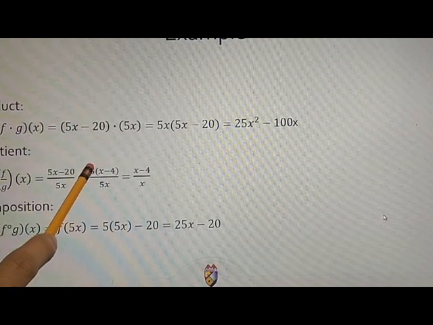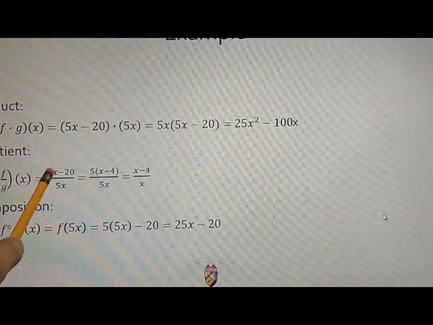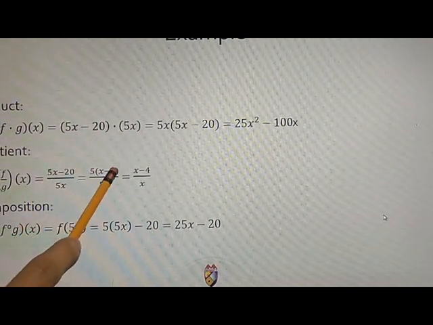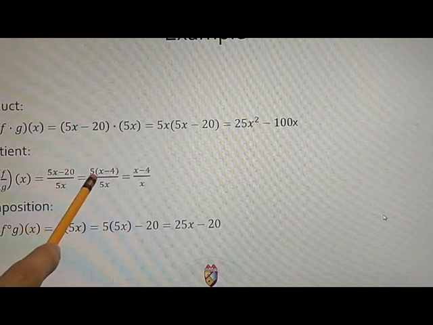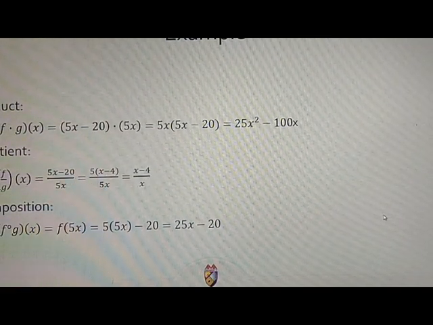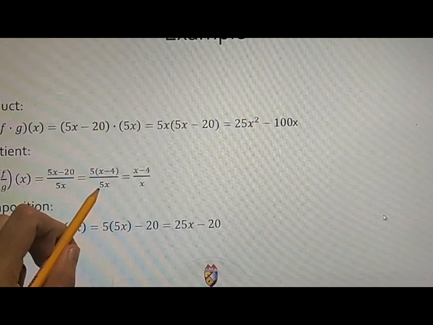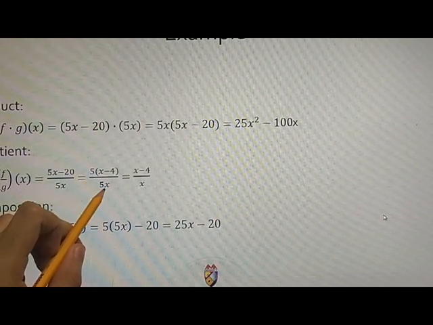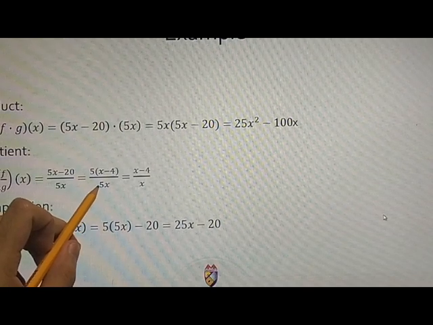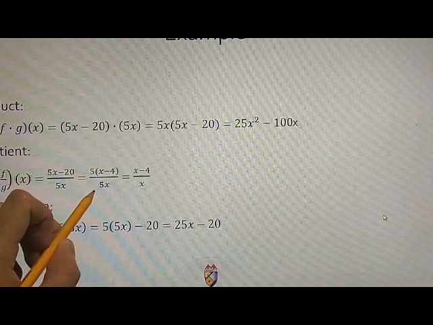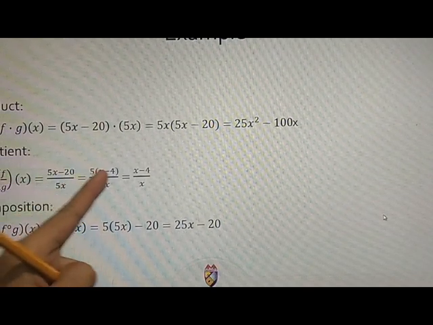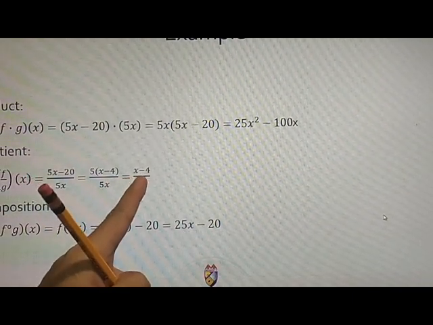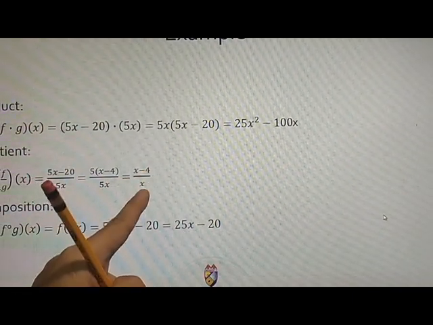So, ito, pag minultiply mo dyan, so that is 5x, ito yun. Ito, pag minultiply mo dito, so that is 20. Okay? The reason we are factoring, para ma-cancel out natin si 5. Okay? So, meron tayong 5 dito. Since meron tayong 5 sa denominator, pwede natin siyang i-cancel. Okay? So, we have here x minus 4 over x.